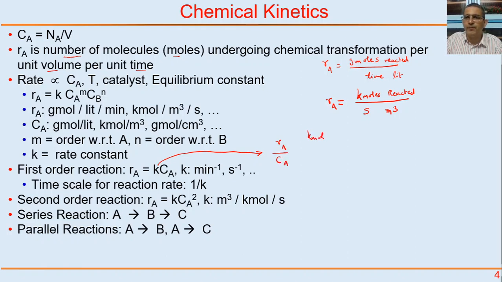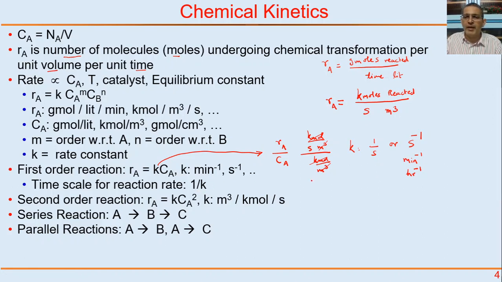It is kilomole per second per meter cube. What are the units of concentration? Kilomoles per meter cube. So meter cube will go away. So K has units of 1 per second, or if you like, second inverse, or it could be minute inverse. Any time inverse, it could be hour inverse. So there are different ways in which you can write this rate constant.